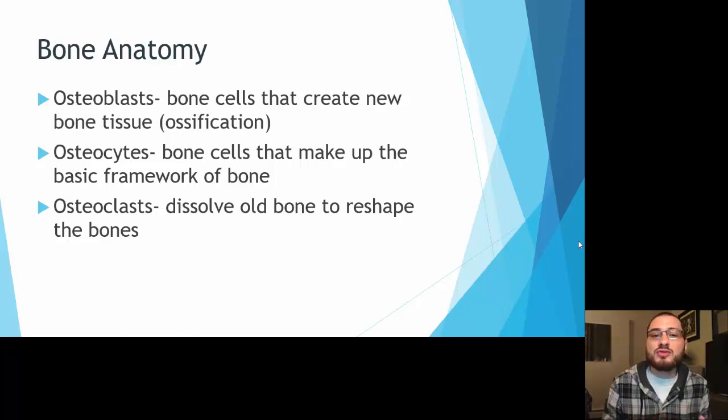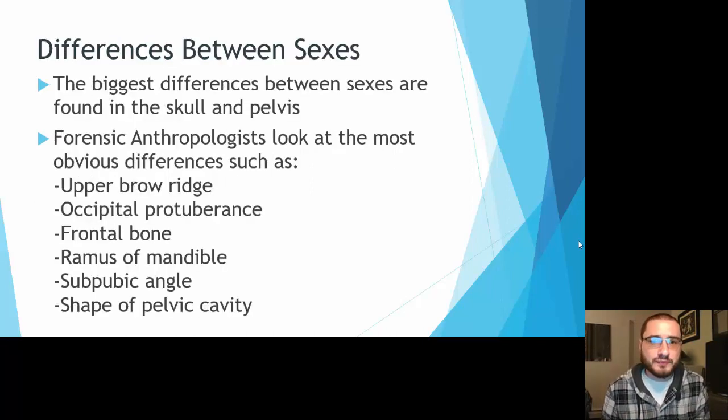So depending on how you use your bones, what type of athlete you are, it's going to really change how our bones are and where they are strong. Depending on what you're doing, it's going to reshape your bones. And these osteoclasts and osteoblasts are constantly working to make sure that there's new bone and that we're getting rid of old bone that we don't want anymore.